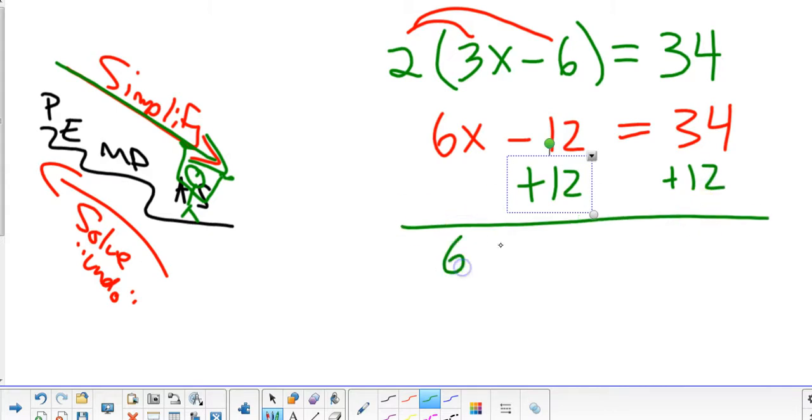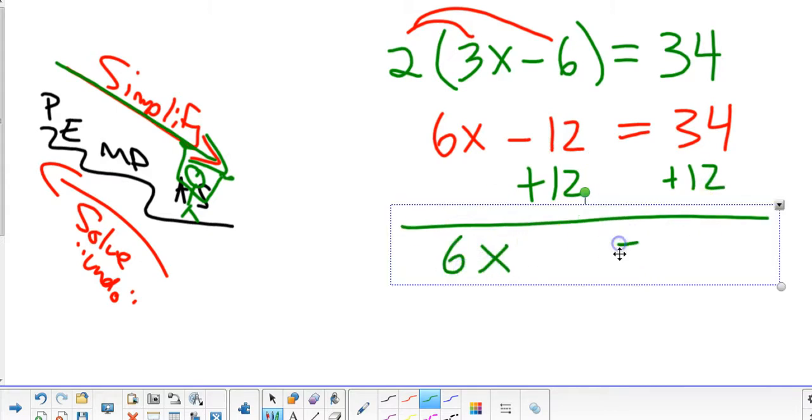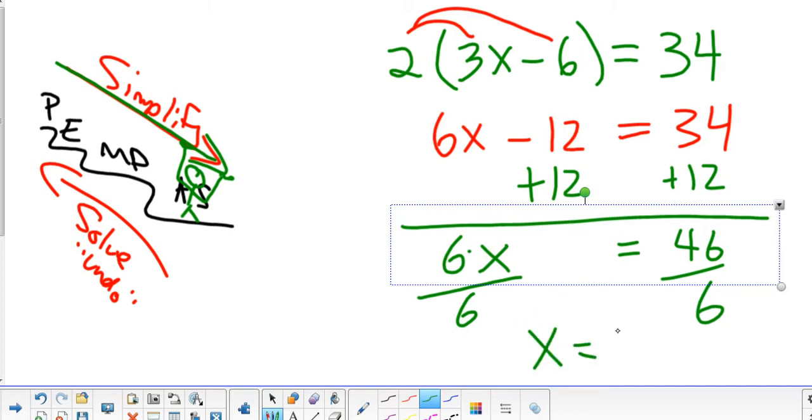And that gives me 6x plus 0, which I know is going to just turn into 6x. So I'm kind of shortcutting it there, and that's okay. And 46. And I'm going to divide both sides by 6. Why? Because it's the inverse of timesing by 6. That would give me 1x, or x. And then 46 divided by 6.